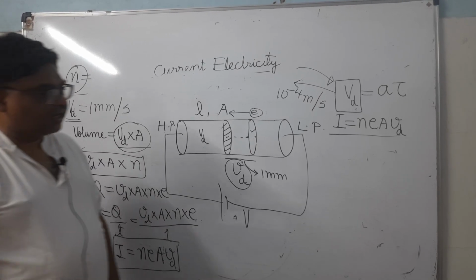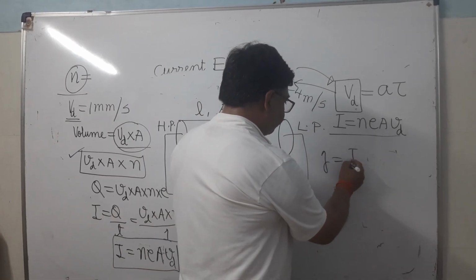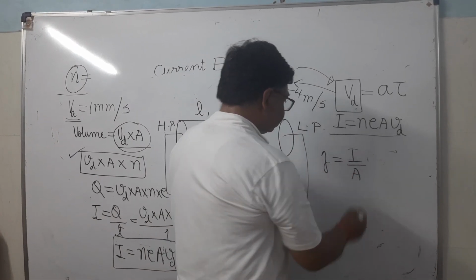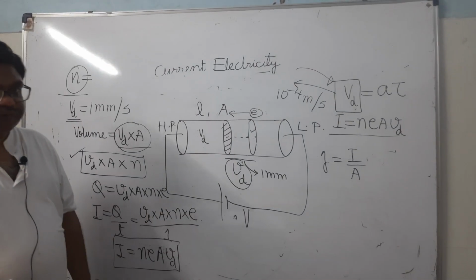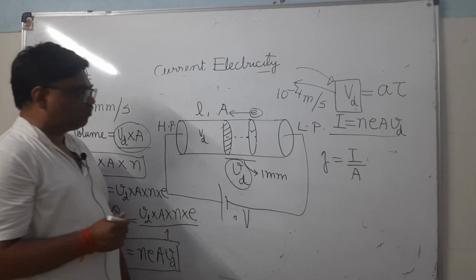Now, what will be the current density here? Current density J equals I upon A. As you know, current density is defined as current flowing per unit area of cross section. It is a vector quantity, and what will be the direction of J?